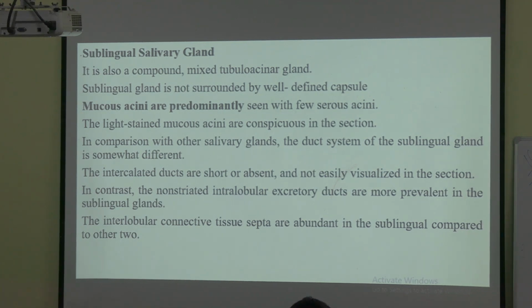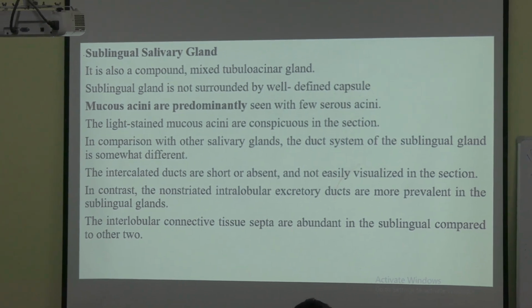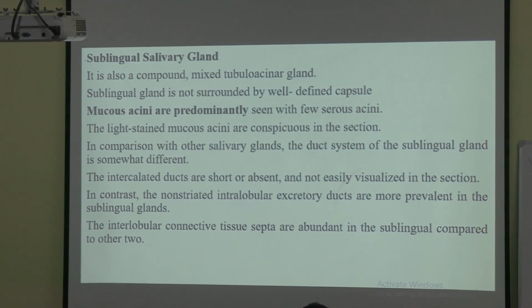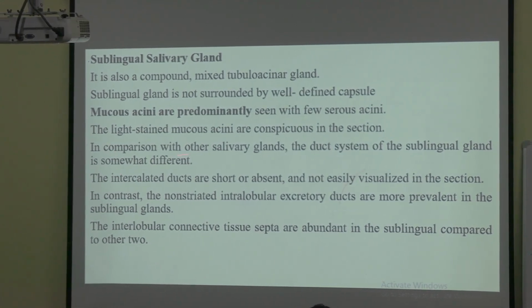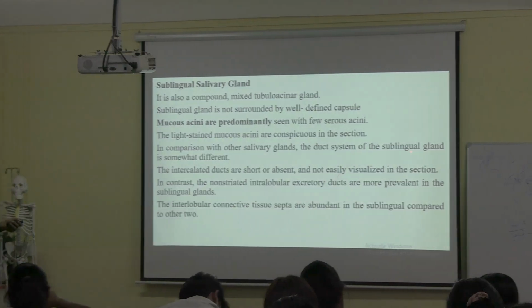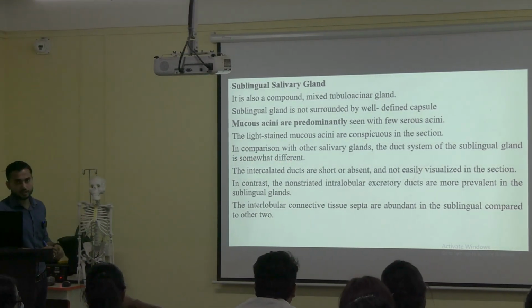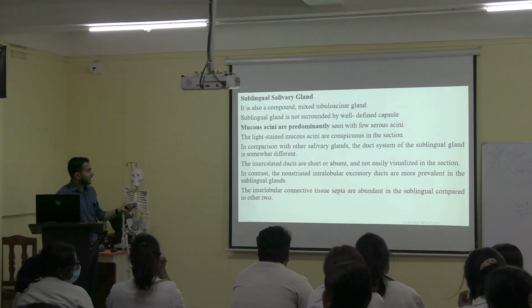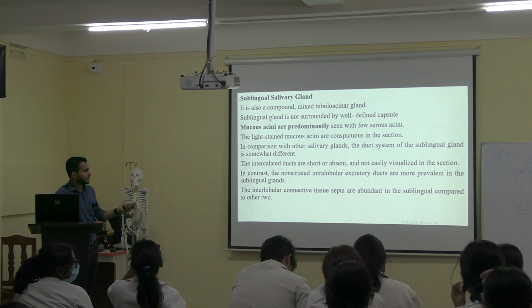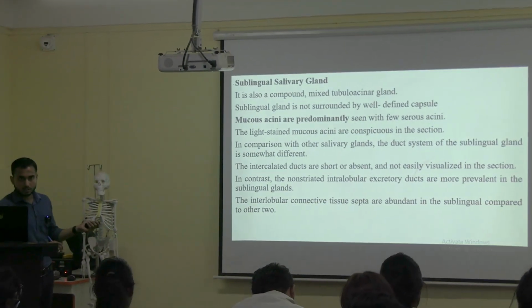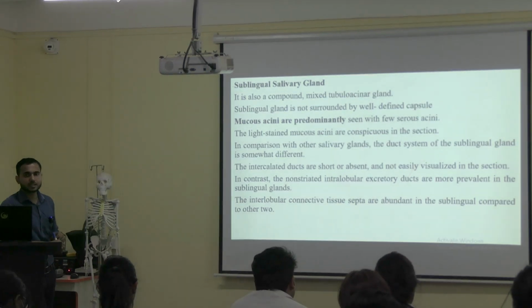Okay. Here some variations are there. The variations you can see especially in the duct system. If you compare the salivary glands, the duct system of the sublingual gland is somehow different. Now how is it different? Intercalated ducts are short or sometimes absent. Mostly you will not see any intercalated duct.